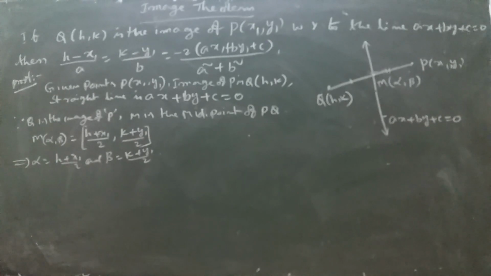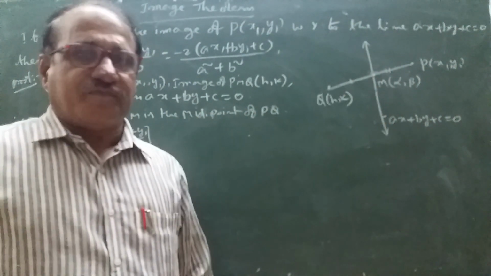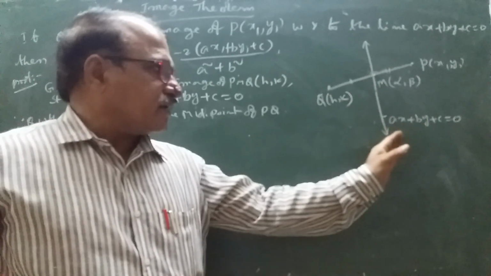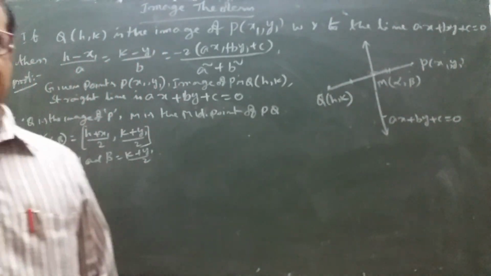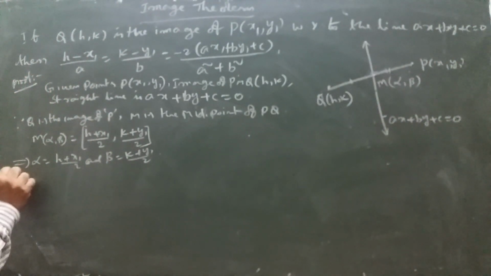Since M is the foot of the perpendicular from P on the line ax + by + c = 0, we have to take the foot of the perpendicular theorem.